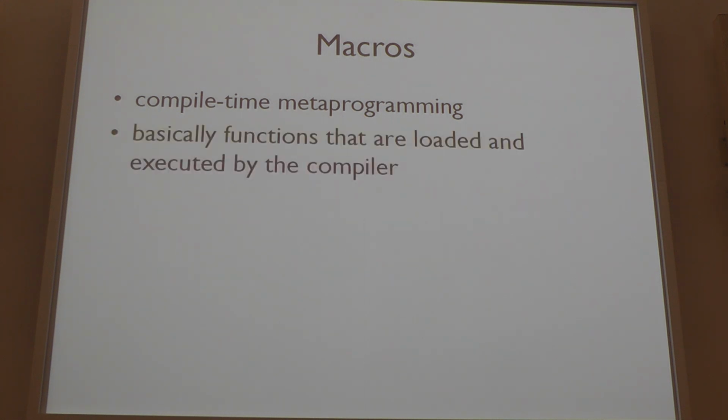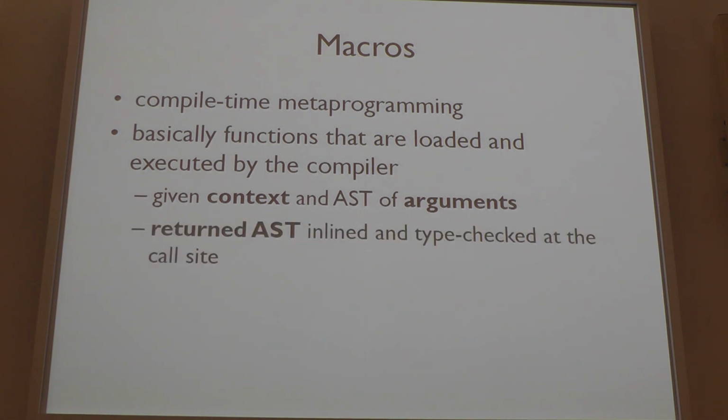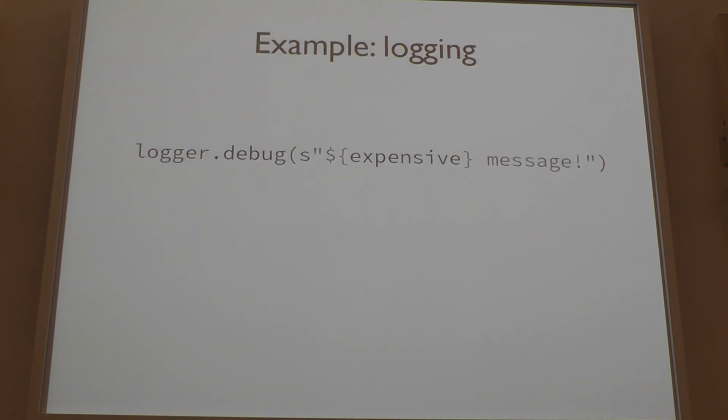They are actually functions that are called by the compiler at compile time, and they are given a context and the abstract syntax tree of their arguments. And they generate another abstract syntax tree, which is inlined at the call site. And it's also type checked, so everything is statically checked.